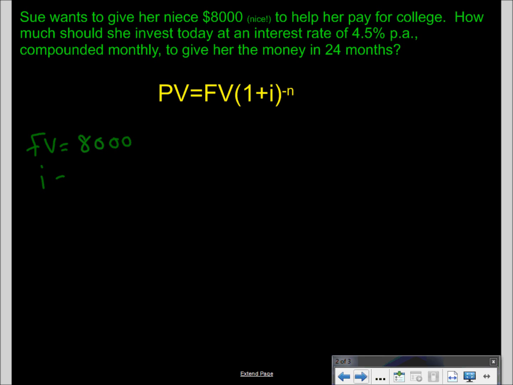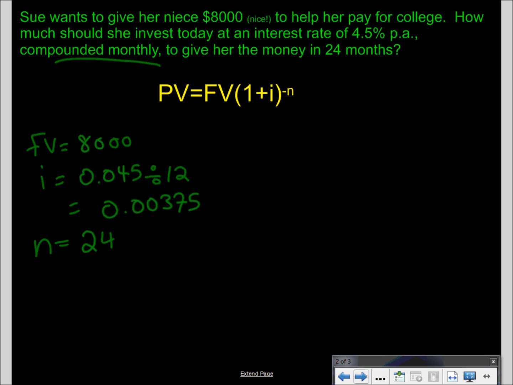Our interest is 0.045 divided by 12, since it is compounded monthly. So 0.045 divided by 12 gives me 0.00375. And n is already in months, so we just have to do 24. It's no big deal, it's already in the month format.